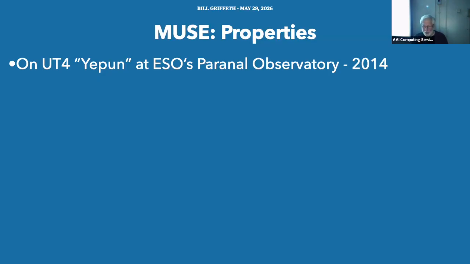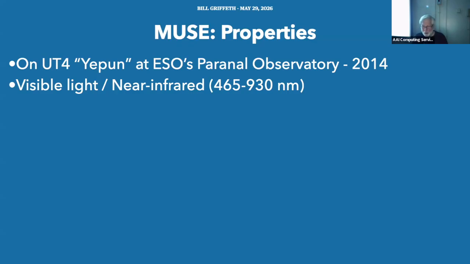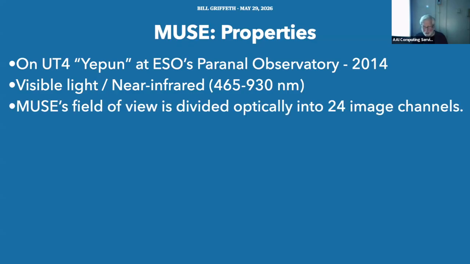MUSE produces spectra in the visible light and near-infrared wavelengths. The field of view of MUSE is divided optically into 24 channels, and each of those channels is fed to its own integral field spectrograph. So there are two layers of optical division in this case.